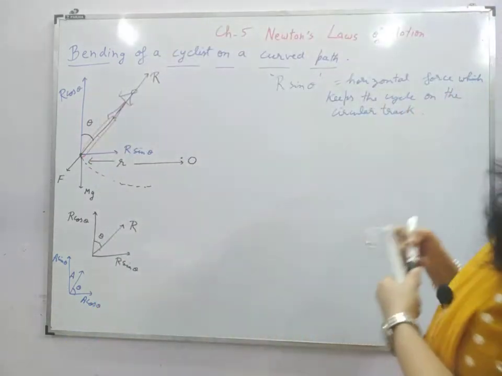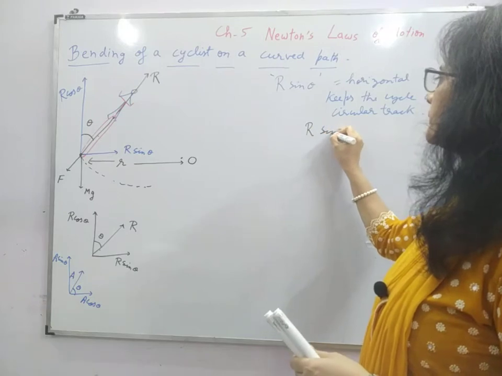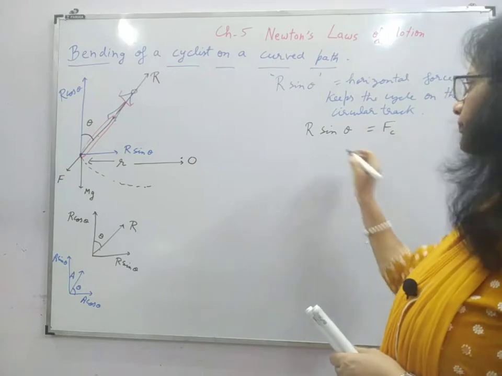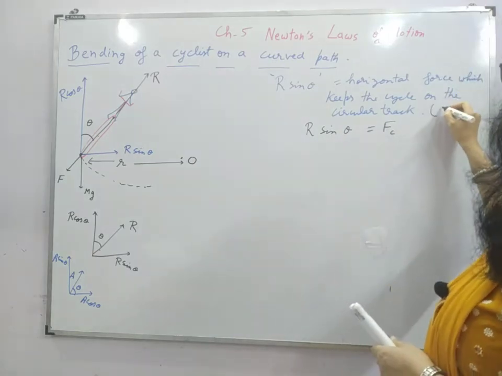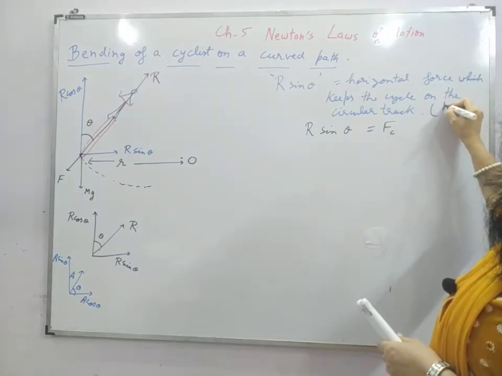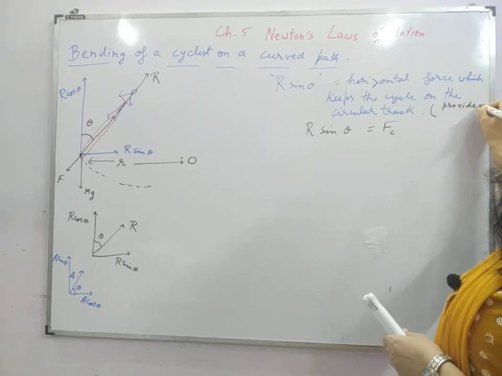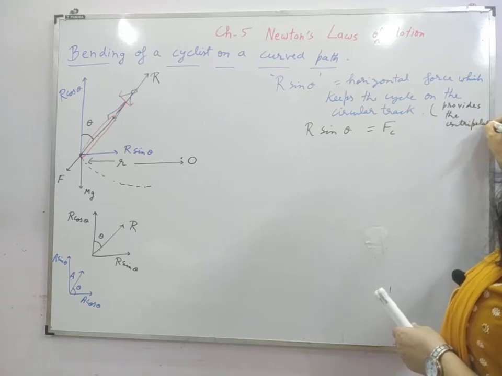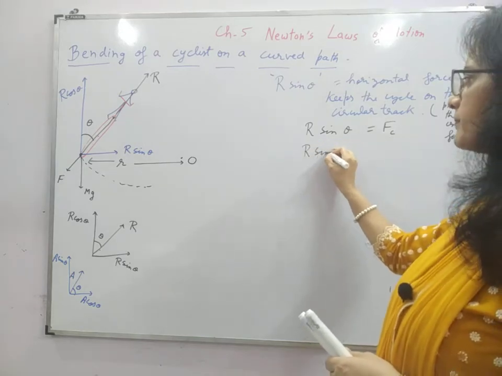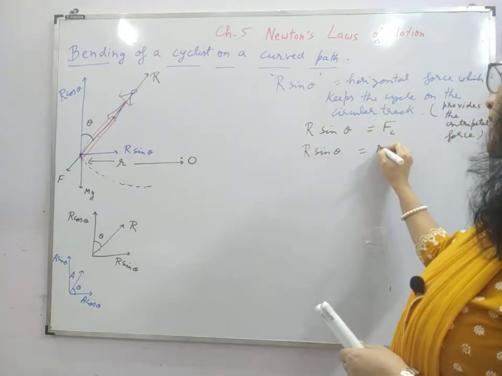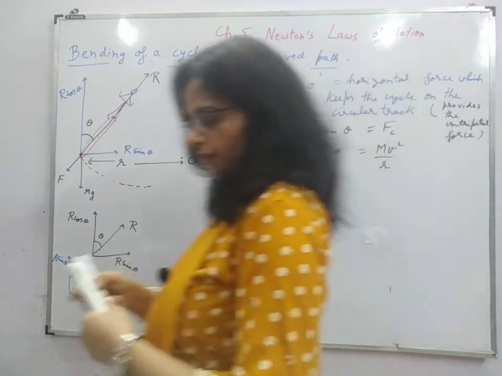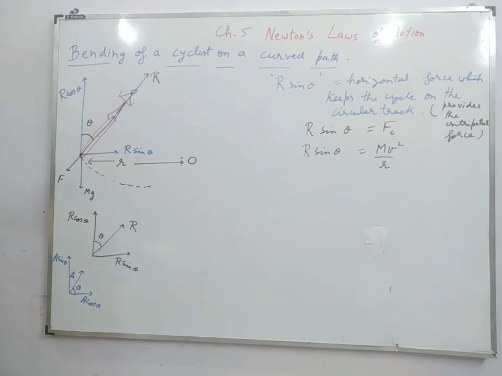It means R sin theta is providing the centripetal force. So this can be written as mv square upon r.